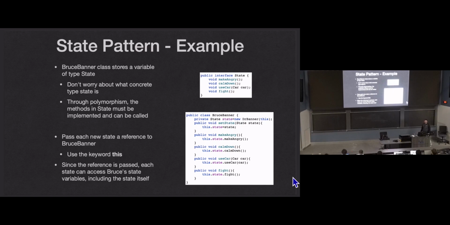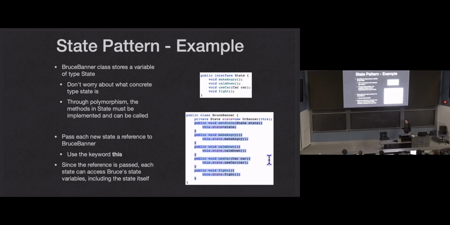I got ahead of my slide here. I already said all this stuff, but I'll let you look at this for a second while it sinks in. No, I guess I have this to say. So when we're coding the Bruce Banner class, nothing in the Bruce Banner class except the initial state cares what type this variable is.